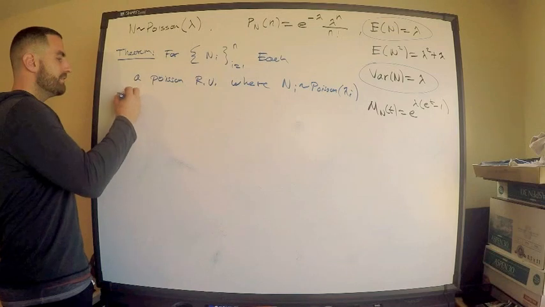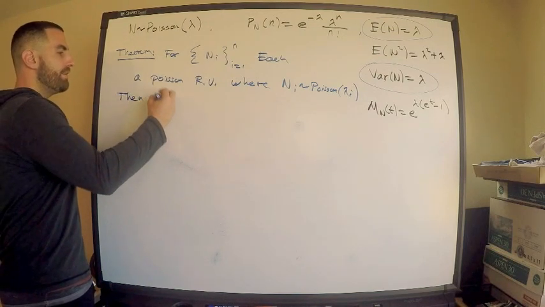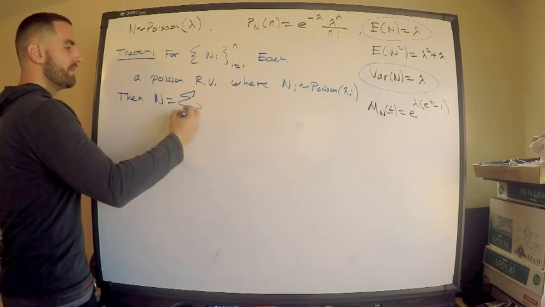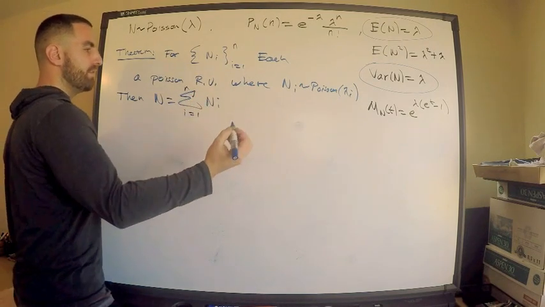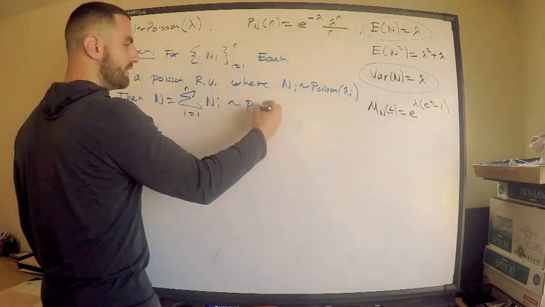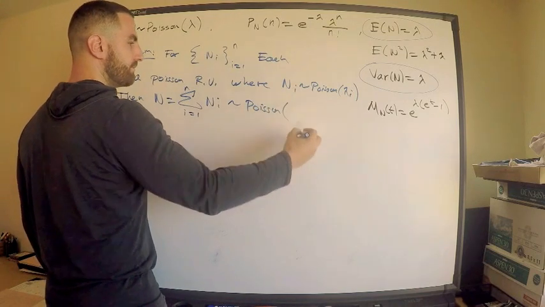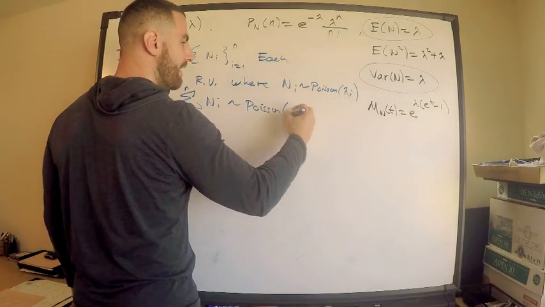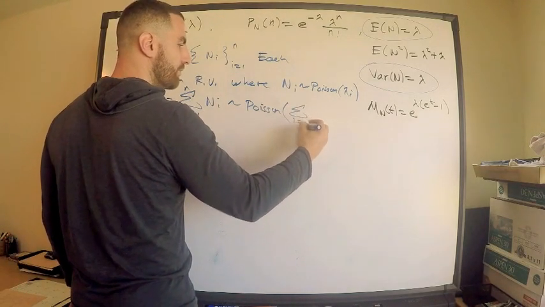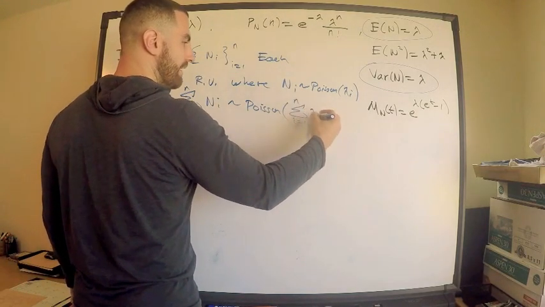Then here's the conclusion: capital N, which is equal to the sum from i equals 1 to n of all of these N_i's, is Poisson with mean equal to the sum from i equals 1 to n of lambda_i.